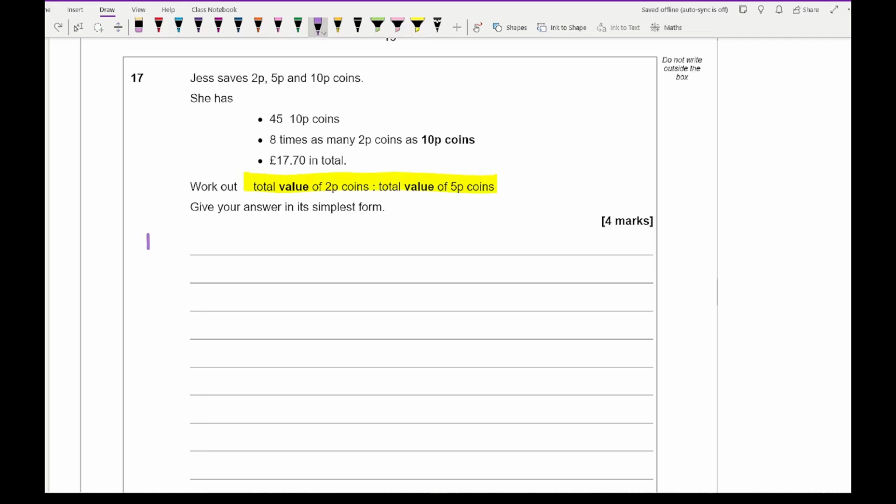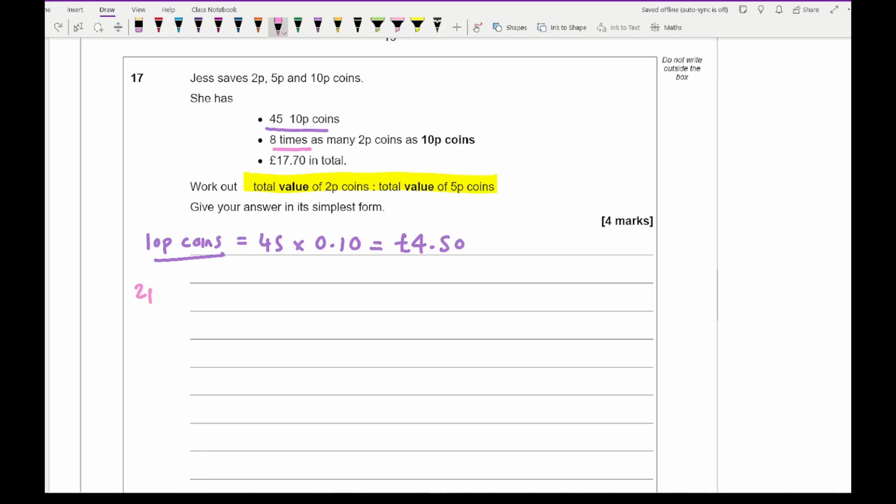So first things first, let's look at the 10p coins. From this, we know that there are 45 10p coins. So that's going to be 45 times 0.10, and that comes up to a total of £4.50. Now we know that there are 8 times as many 2p coins as 10p coins.